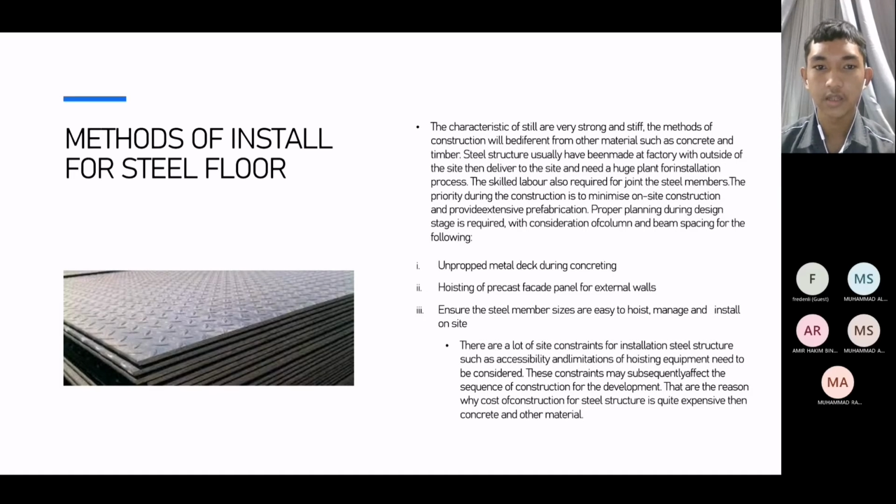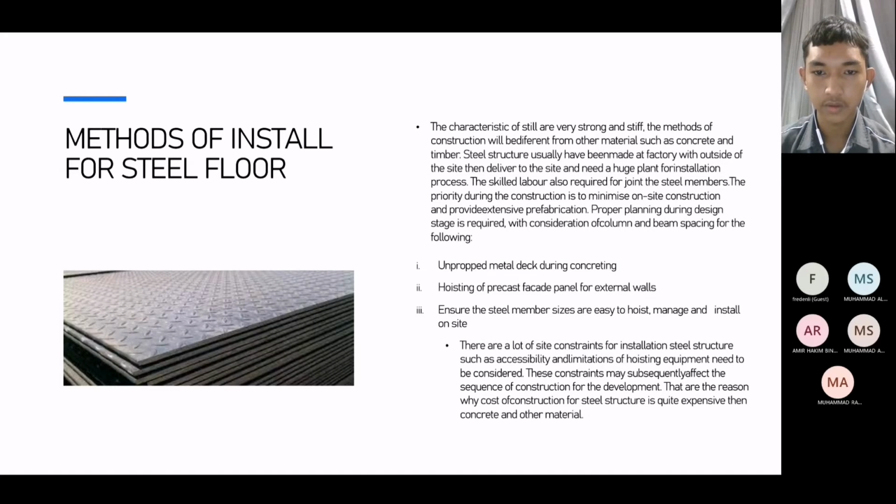Proper planning during design stage is required with consideration of column and beam spacing for the following. Number 1, propping of metal deck during concreting. Number 2, hoisting of precast panels for external walls. Number 3, ensure the steel member sizes are easy to hoist, manage and install on site.